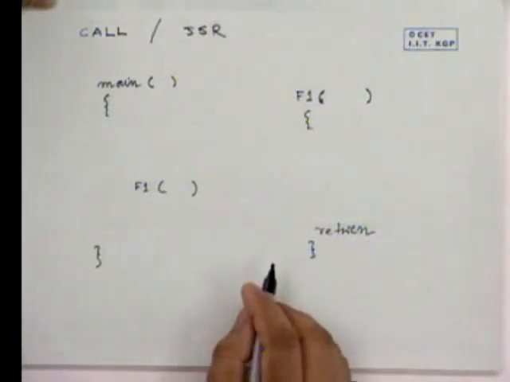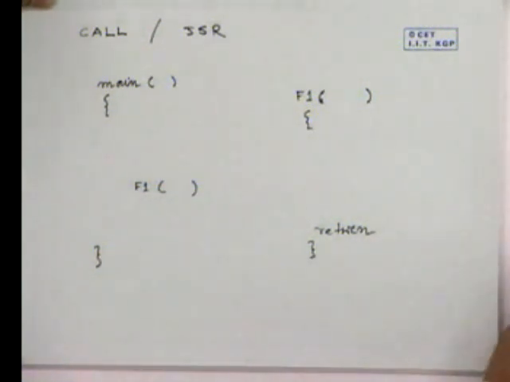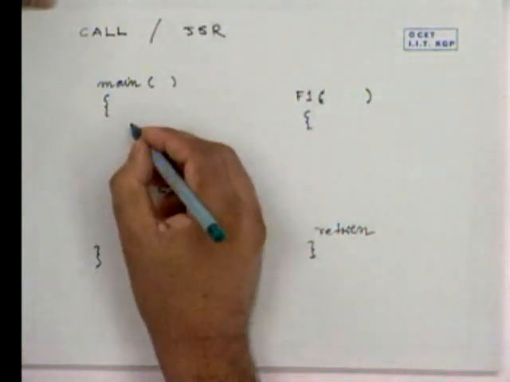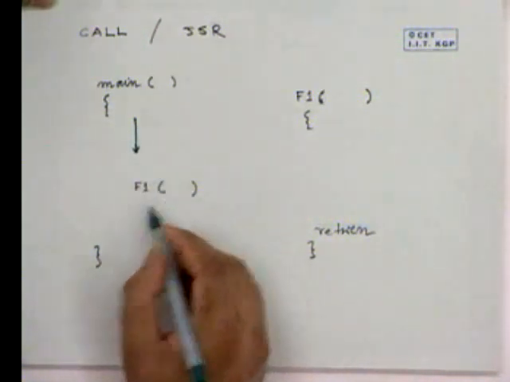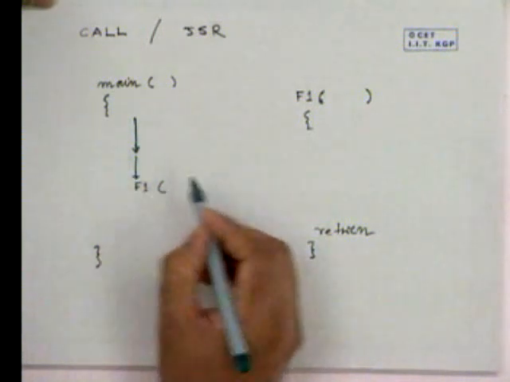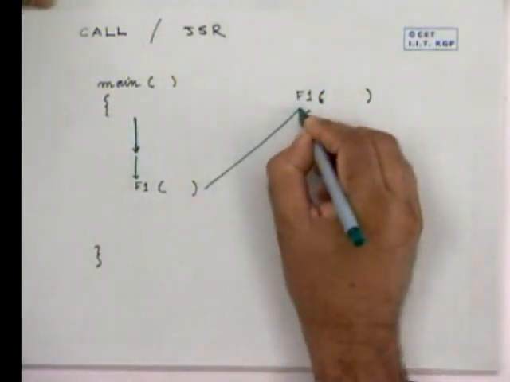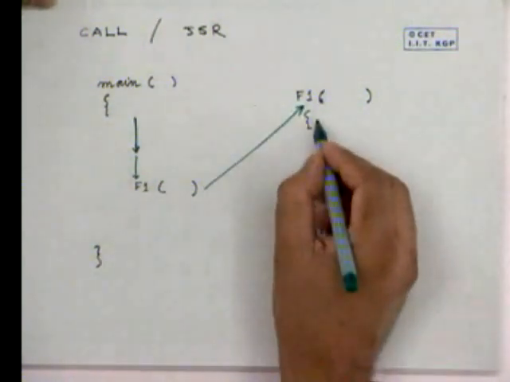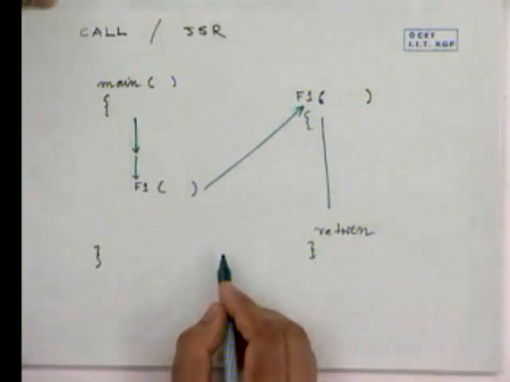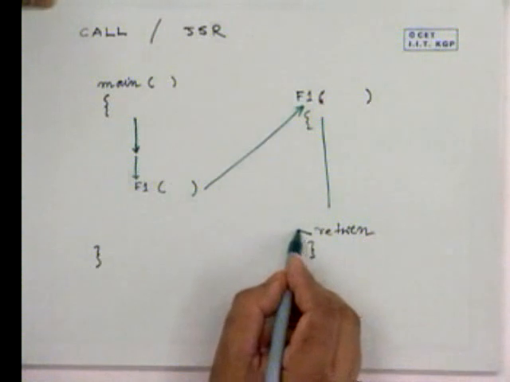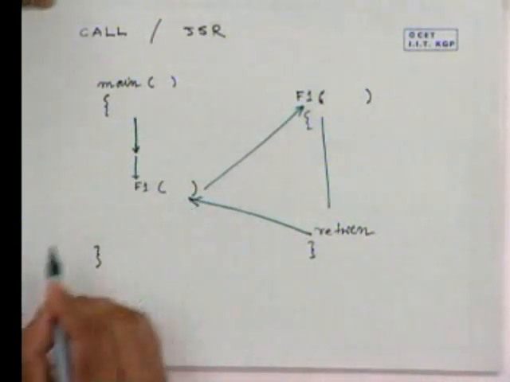return statement. What we expect is that as the main is executing, the control is coming sequentially or in a loop, whatever the program says. Ultimately, when it comes over to here, the control flows to this F1, then the function F1 is executed, and on getting a return instruction, the control comes back over to here.